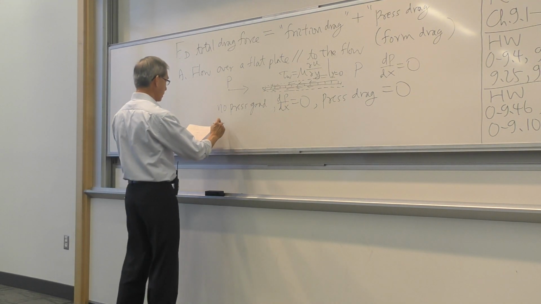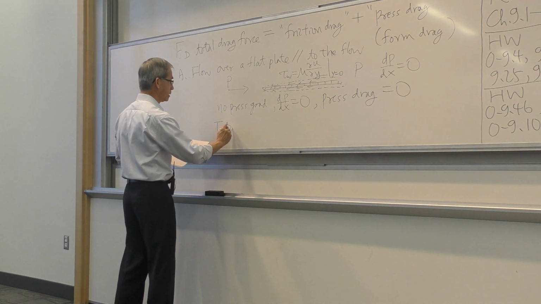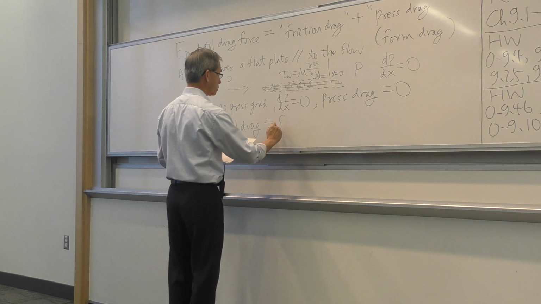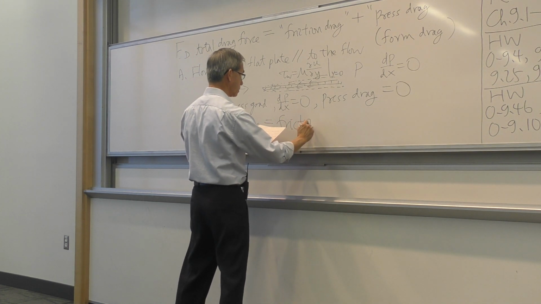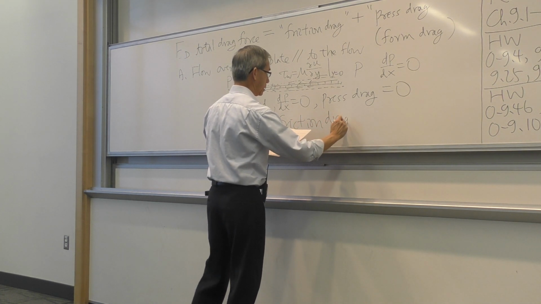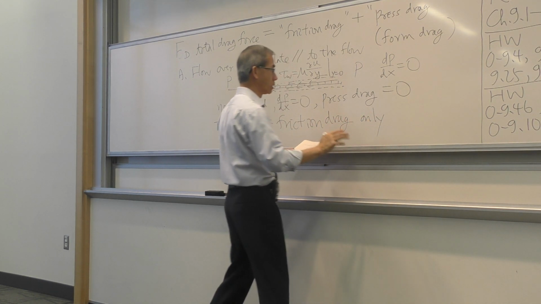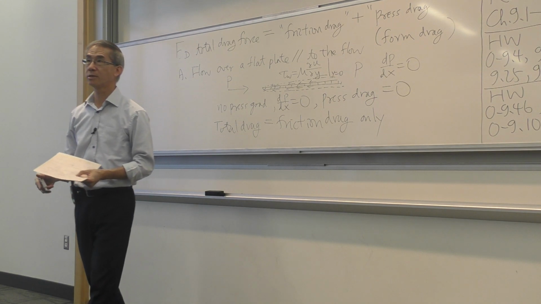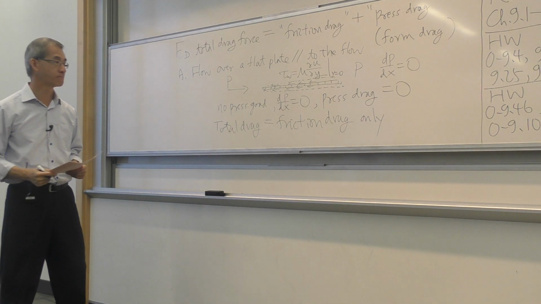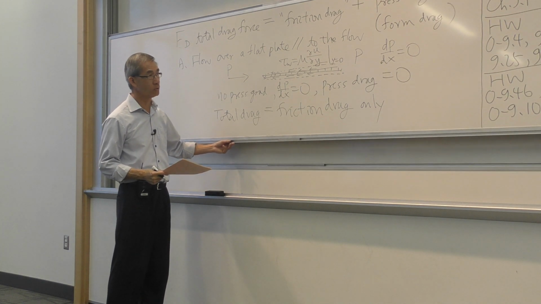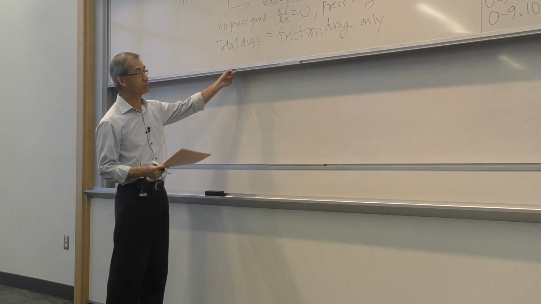Then in this extreme case, where the flow is parallel to the plate, the only contribution to drag is due to friction, due to all that shear added together. So the longer the plate, the more wetted surface, the more drag you will experience. But it's purely due to frictional effect, no pressure differential.